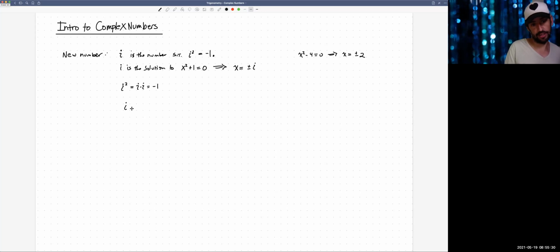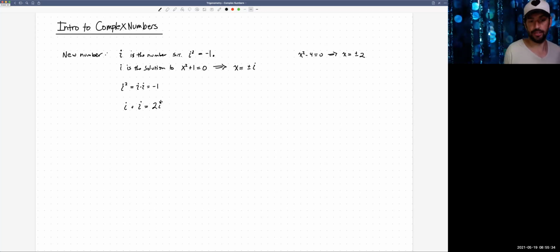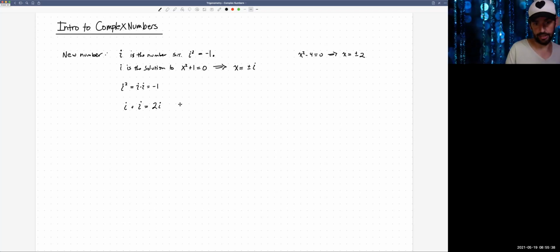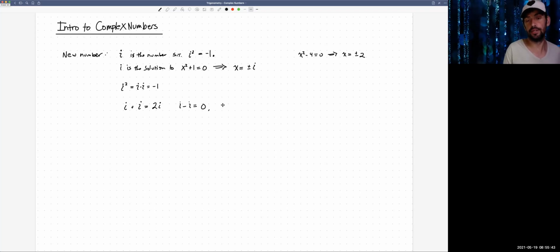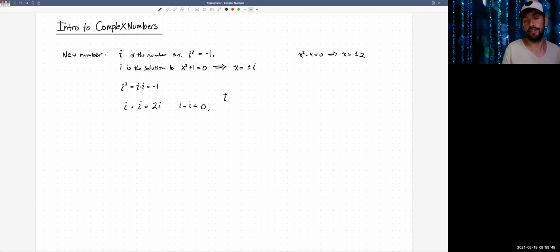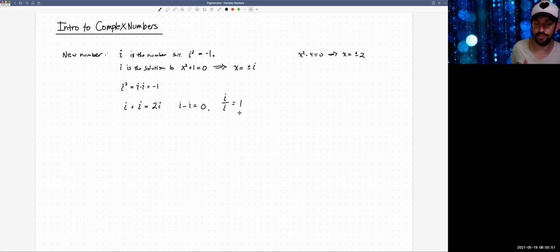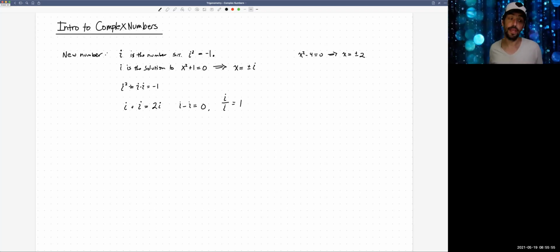For instance, i plus i equals 2i, right? You take a thing, you add it to yourself, you get 2 of it. Or i minus i equals 0. We already know what i times i is. i divided by i will be 1, and so on and so forth, right? So it behaves very much like other numbers. It has this extra property to it, right?